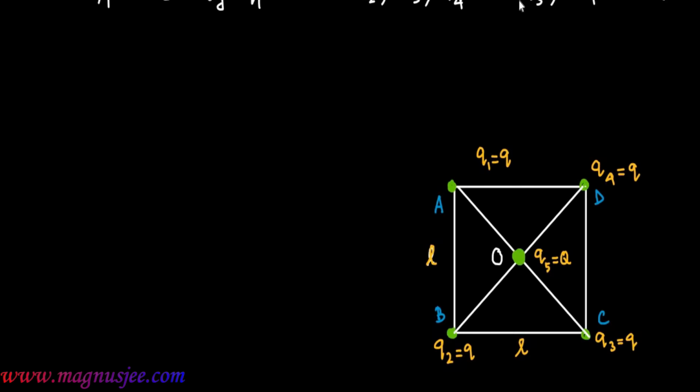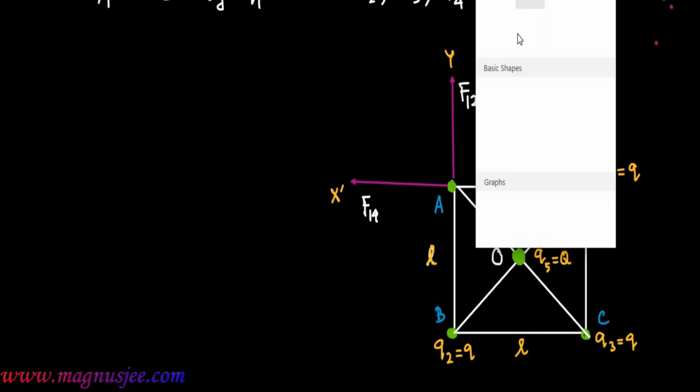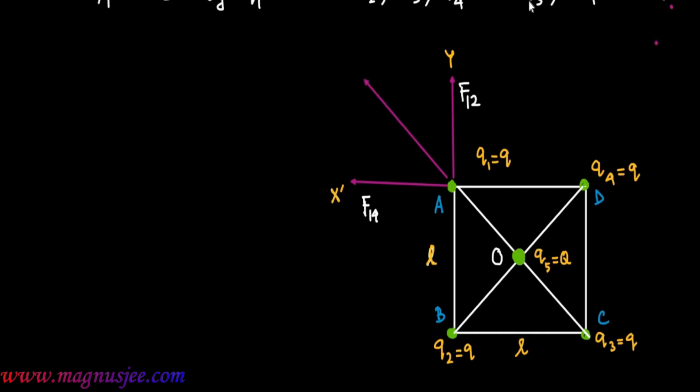Now we can denote the direction of the different forces experienced by the known charge Q1 equal Q. This is the direction along which F12, the force experienced by Q1 due to Q2, is acting. That means F12 acts along AY from the point A with respect to the charge Q2 equal Q. F14 acts along AX. F14 is the force experienced by the charge Q1 equal Q due to the charge Q4 equal Q at the point D.